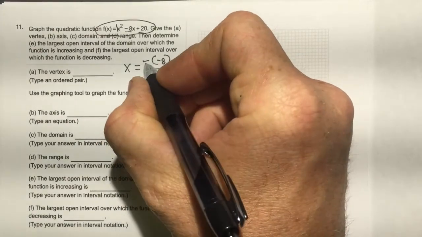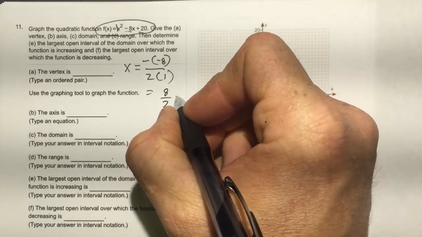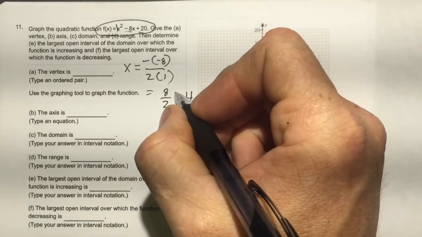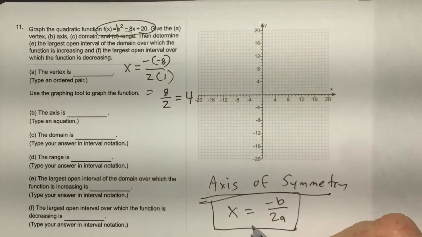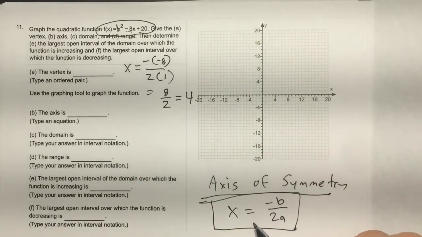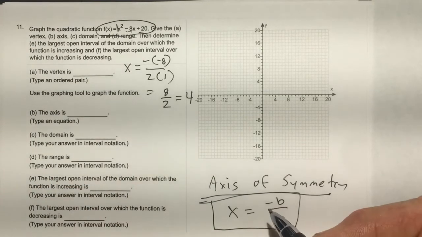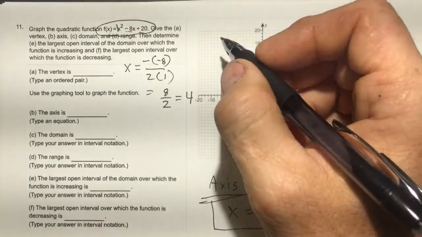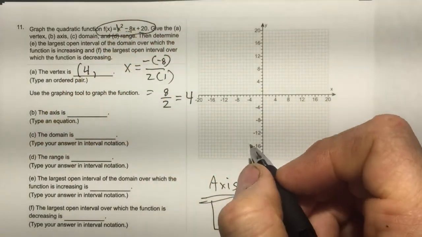So now this is going to be a positive 8 on top, and 2 times 1 will be a 2 on the bottom, which if you divide that, equals 4. Okay? All right, so that's my axis of symmetry. My axis of symmetry is 4, which if you remember now, like we said a while ago, the x value is always the axis of symmetry value.